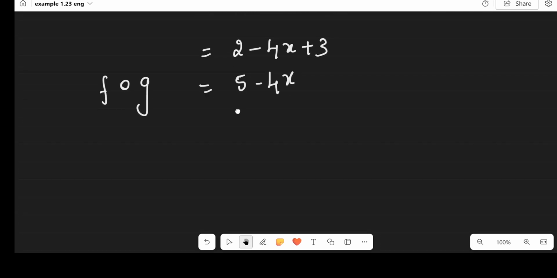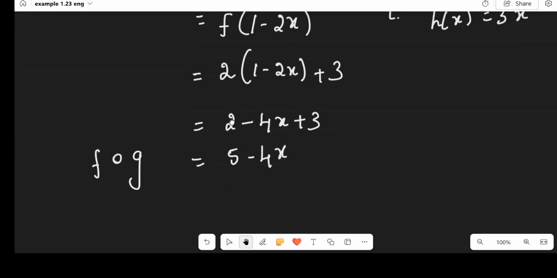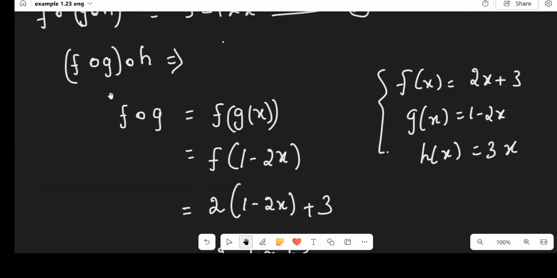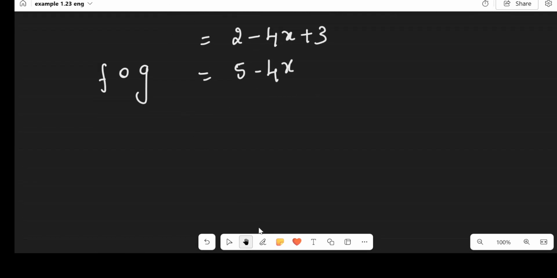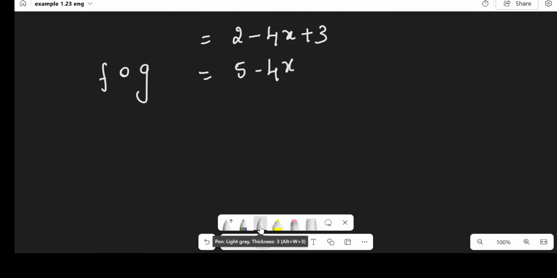Then, actually, what is the RHS, the right hand side? F of g of h. We found the value of f of g. Now we can find the value of f of g of h.